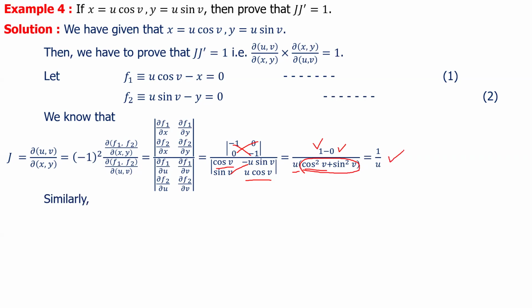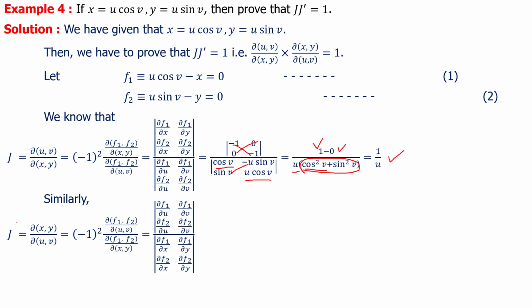Similarly, if we take J, this is J, Jacobian of xy with respect to uv, it can also be written as minus 1 to the power 2 Jacobian of f1 f2 with respect to uv upon Jacobian of f1 f2 with respect to xy.